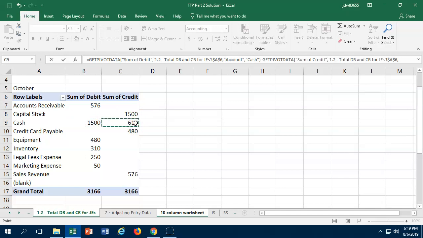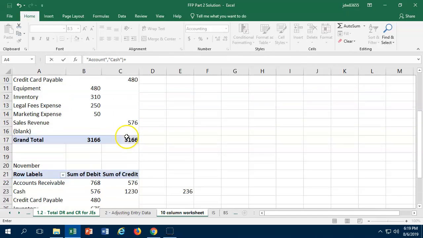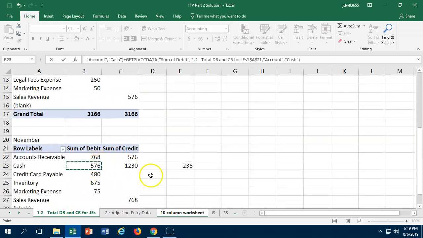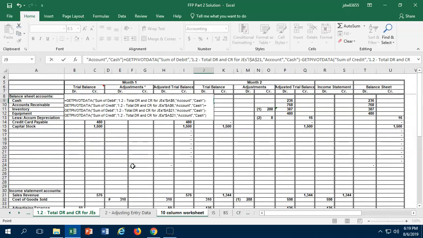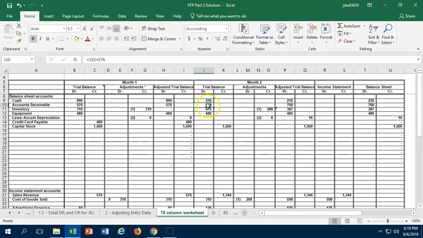Remember what I did for October? I did the sum of the debits minus the sum of the credits. That's for October. Then I'm going to add the sum of November debits for cash and then subtract out the sum of all the credits that hit the cash account. It should equal 236.